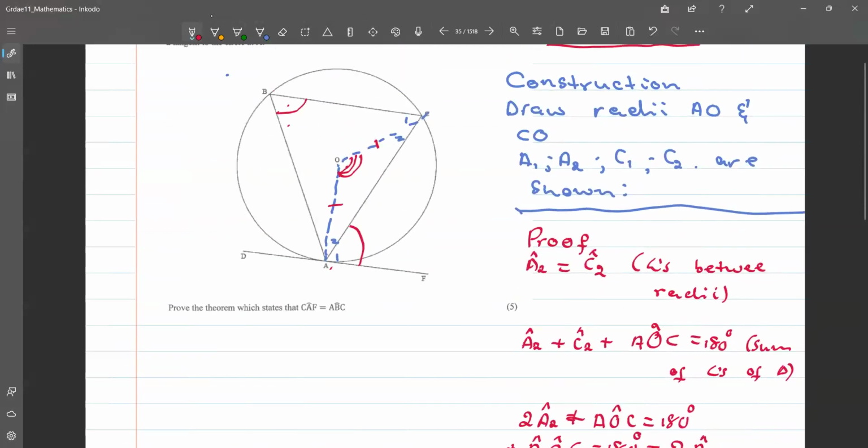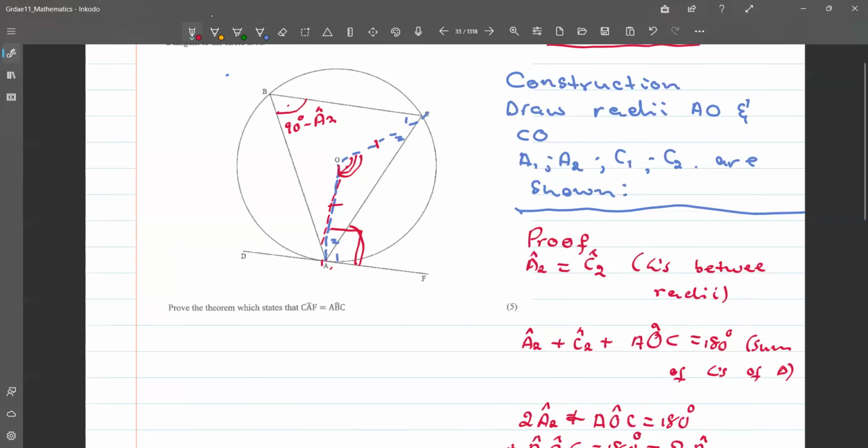So this angle is 90 minus A2. Here's that radius thing. Now we have A1 plus A2 gives us 90 degrees. Can you see that? Here's our radius. Here's our tangent.